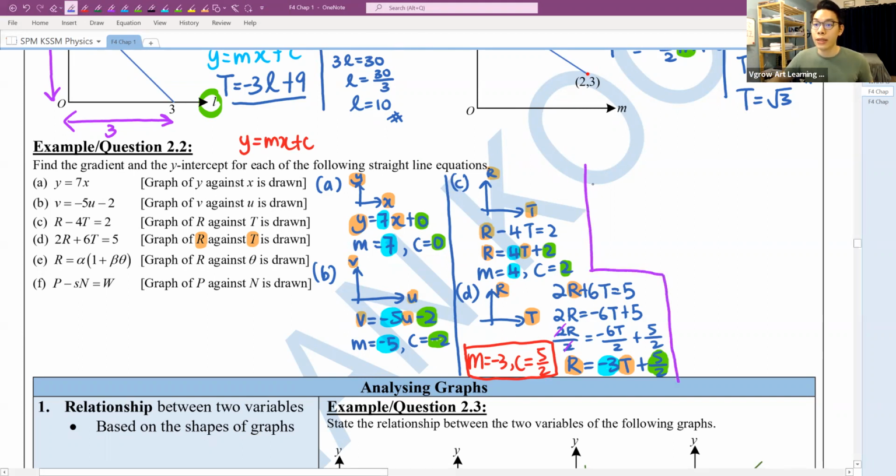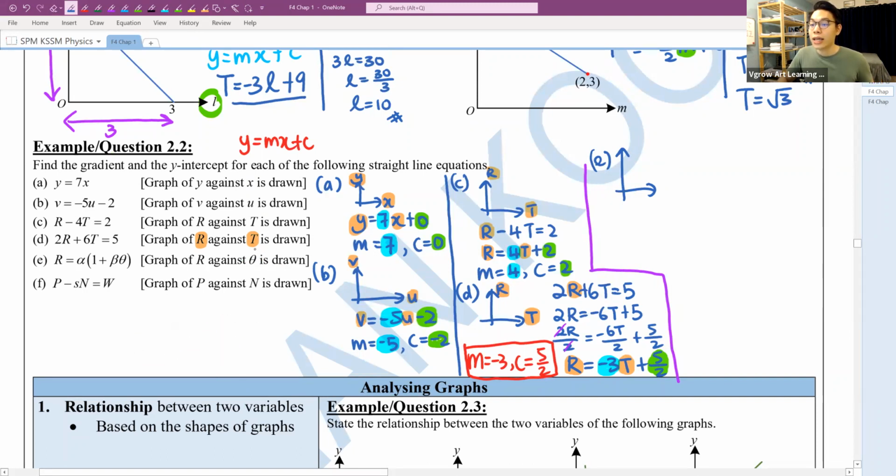Right, and we also try the next one. Okay, now we are dealing with a graph that is R against, this thing is called theta. It's one of your Greek letters. In MS, you have learned alpha, you have learned beta.